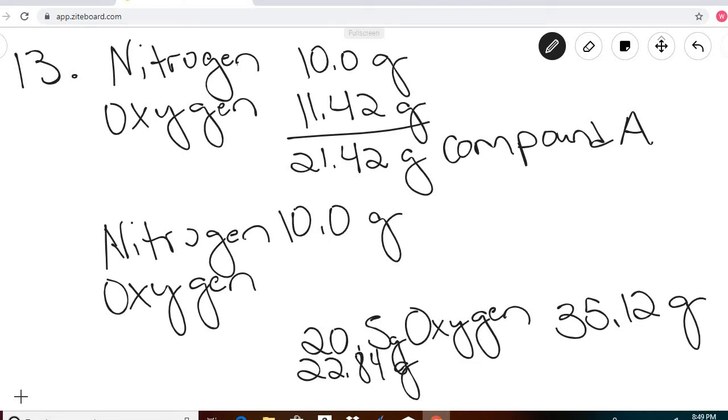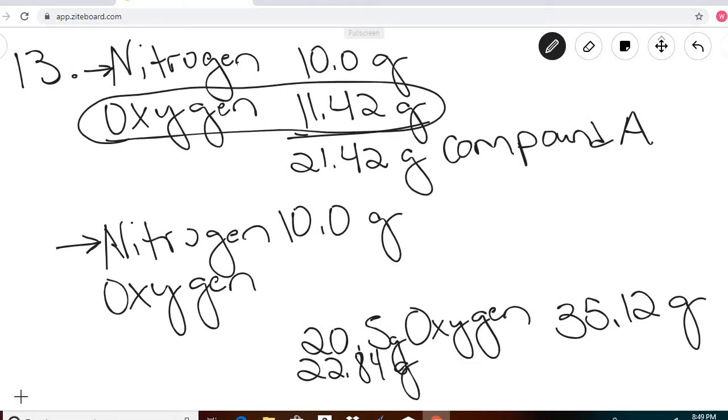So what you have to remember in answering this question is that atoms of oxygen occur only in whole numbers. So since both gases have the same amount of nitrogen, in order to make a different gas, the ingredient that she would change would be the oxygen.